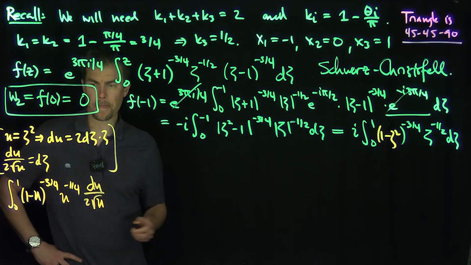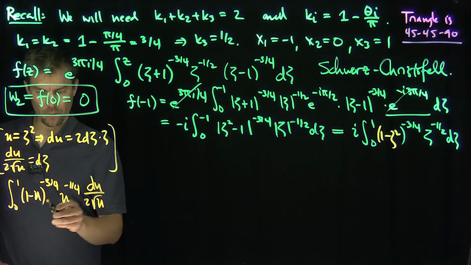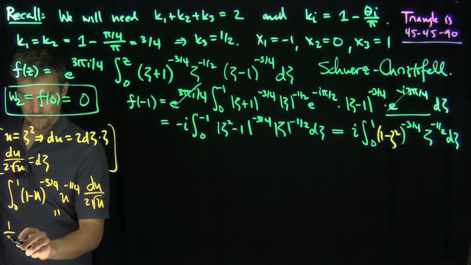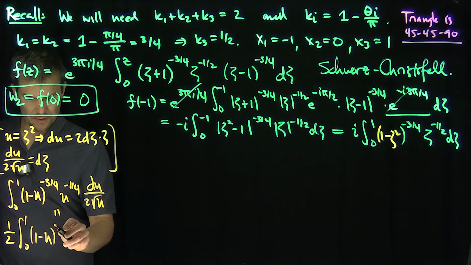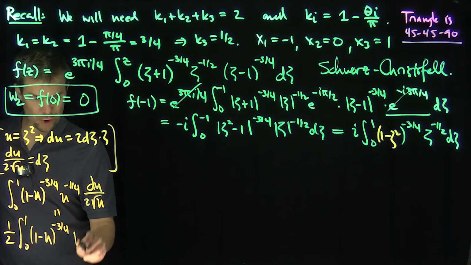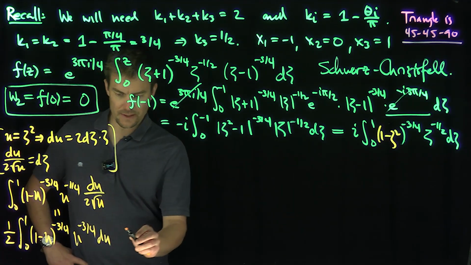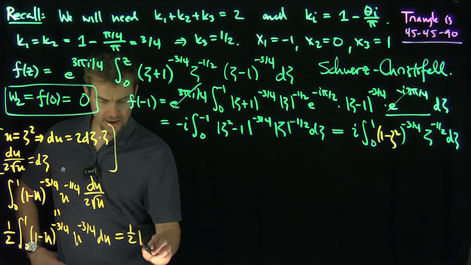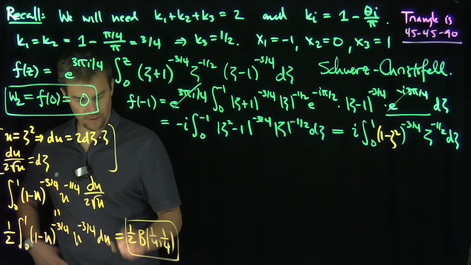Excellent. So this is just equal to 1/2 the integral from 0 to 1 of 1 minus u to the negative 3/4 power, and then u to the negative 3/4 power, du. And that is exactly just 1/2 the beta function at 1/4, 1/4. Beautiful. So that's the beta function.